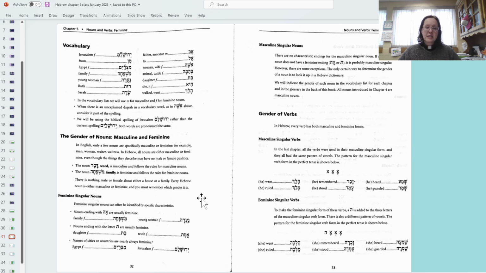Names of cities and countries are always feminine.